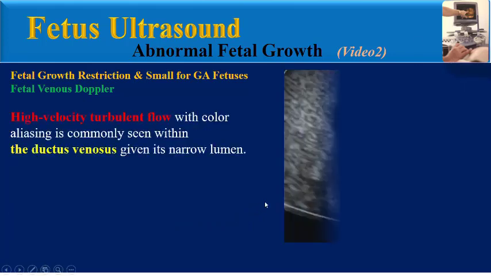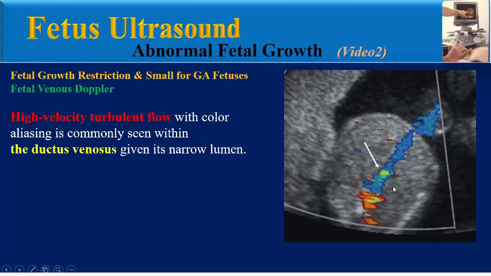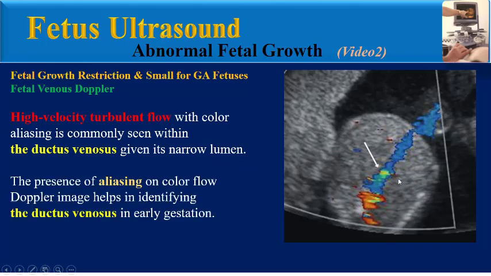High velocity turbulent flow with color aliasing is commonly seen within the ductus venosus given its narrow lumen. The presence of aliasing on color flow Doppler image helps in identifying the ductus venosus in early gestation.